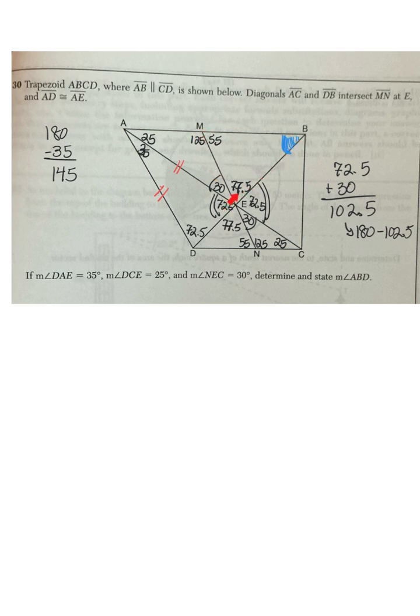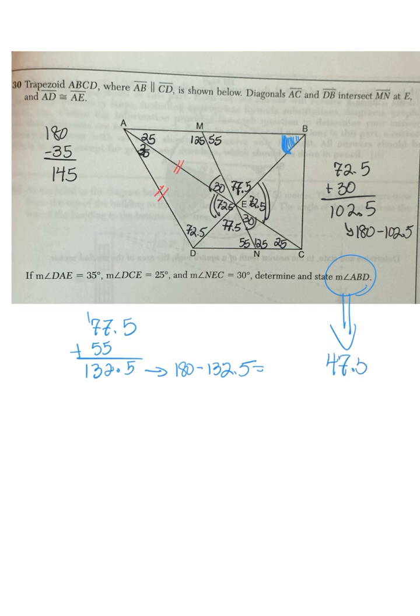We've got 77.5 and 55. So hopefully at this point you kind of know the drill. So I'm going to do 77.5, I'm going to add 55 to it. That's 132.5. And then I'm going to do 180 minus that 132.5. And that will give me this angle, and that ends up being 47.5 degrees. And there you go.